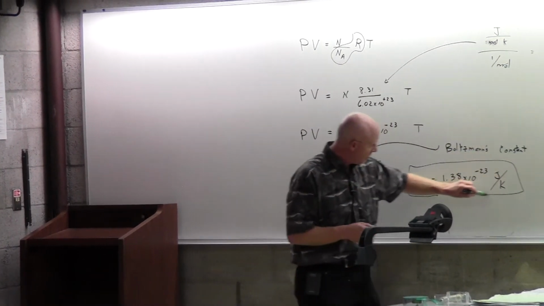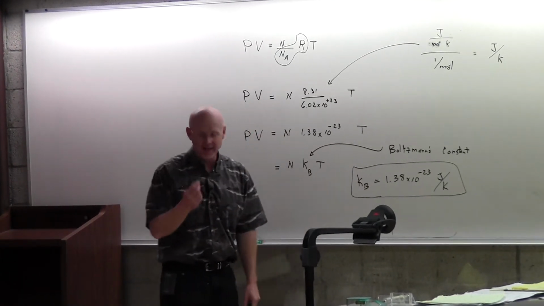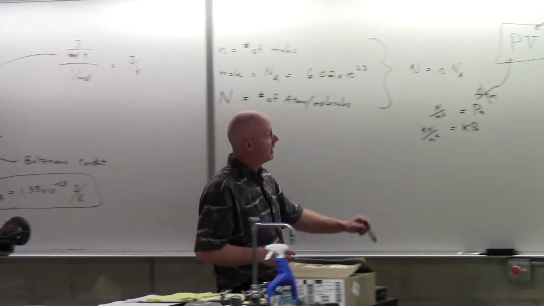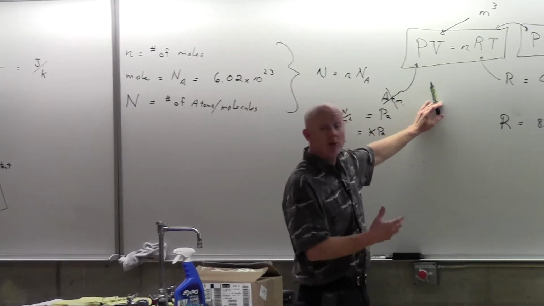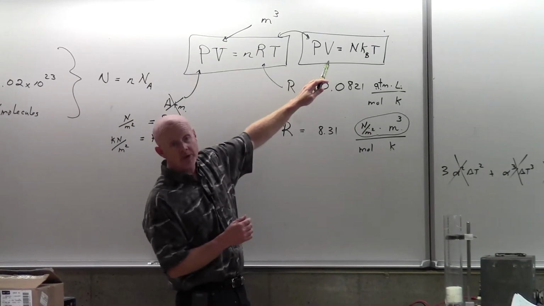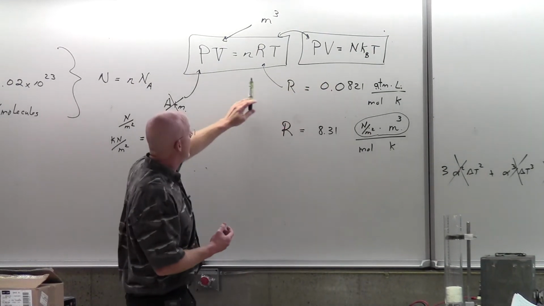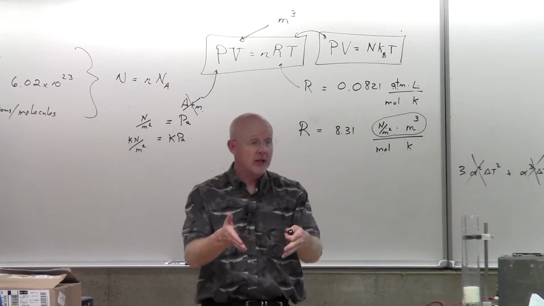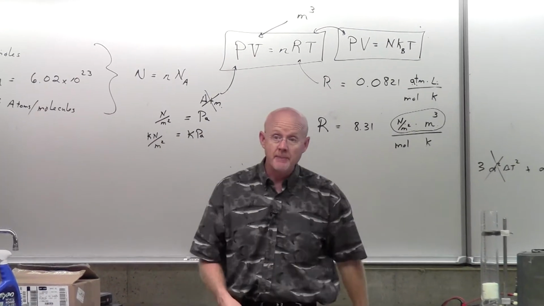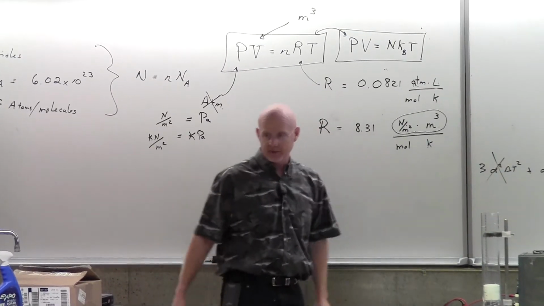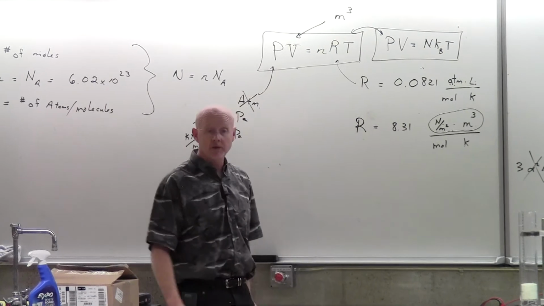So, as you will see, I like this form for the ideal gas law. This is a great one to get started and give you some insight. And it's a great one to do calculations with. Your author won't do much until next chapter. But they are interchangeable, so it all depends. Are you trying to look at a microscopic level? If you want to look at a microscopic level, this is a great way to do it. If you want to look at a macroscopic level, this is probably the way to do it.